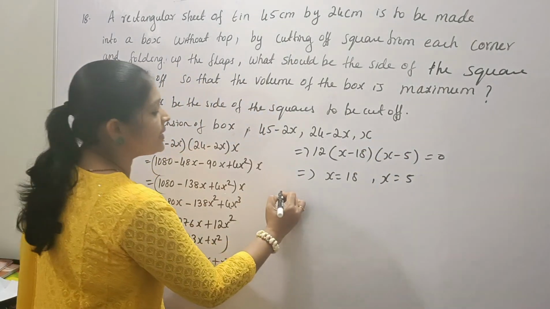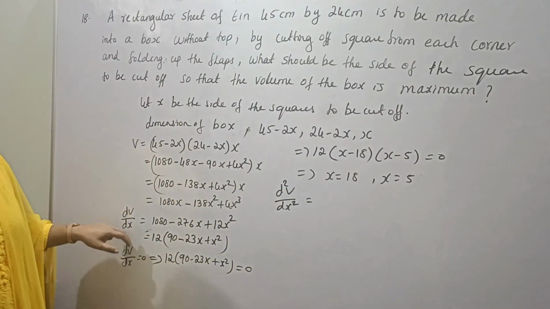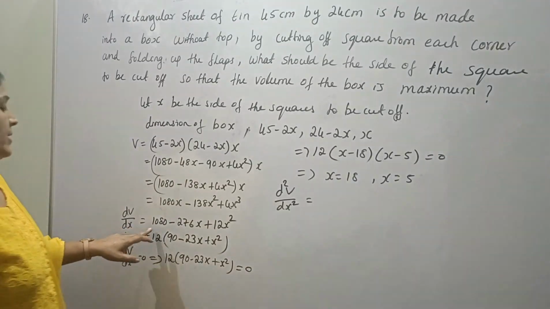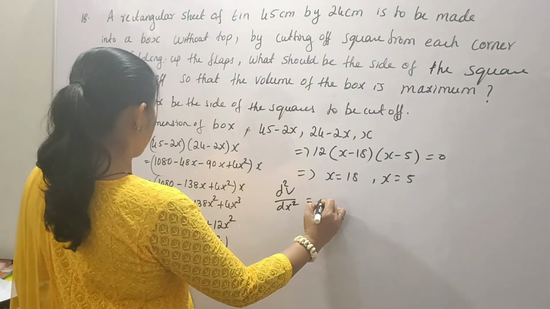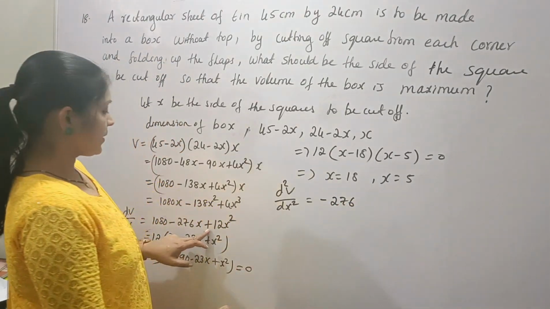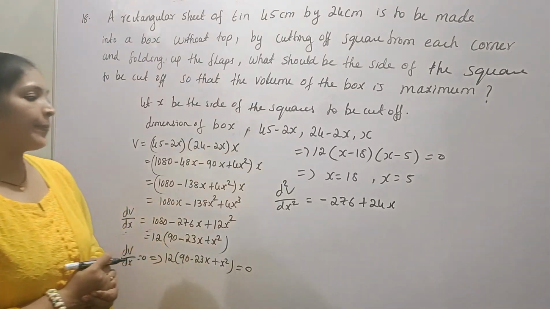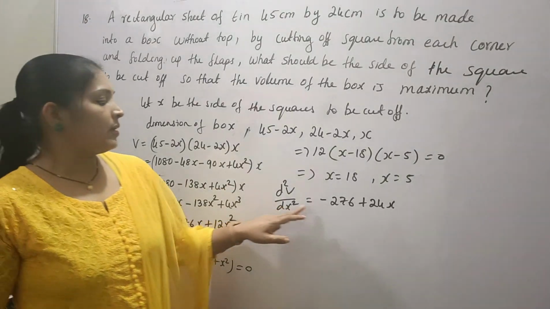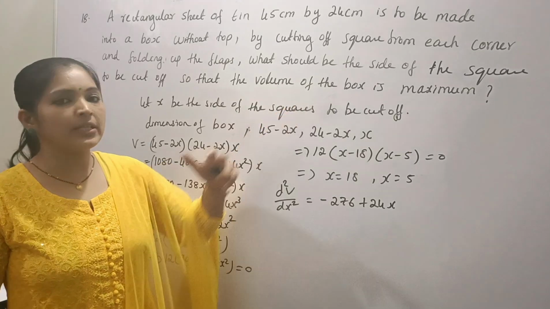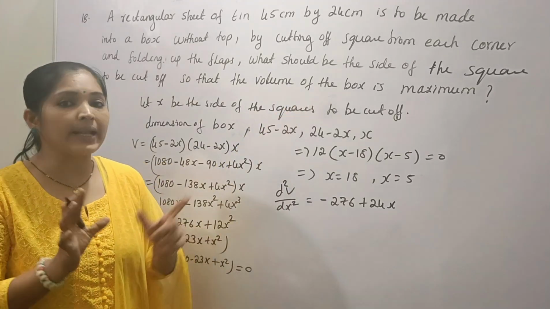Now let's find d square v by dx square. It is our dv by dx, that is minus 276 plus 24x. See here, when x is equal to 18, we have to find the maximum, right? So when the function is maximum, we should get less than 0.